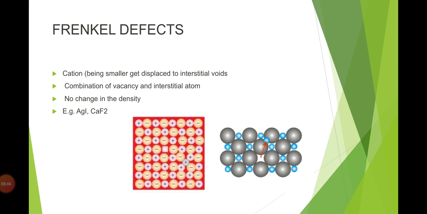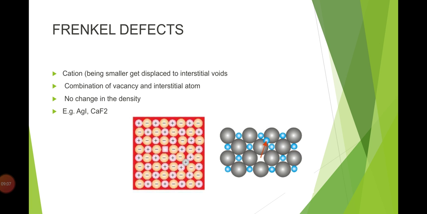So if we see in the figure, it is clearly shown. In the same crystal, the cation occupies the interstitial state, so this is the vacancy defect, and it is also an interstitial defect. But mass and density will be the same, because there is no emission of ions.